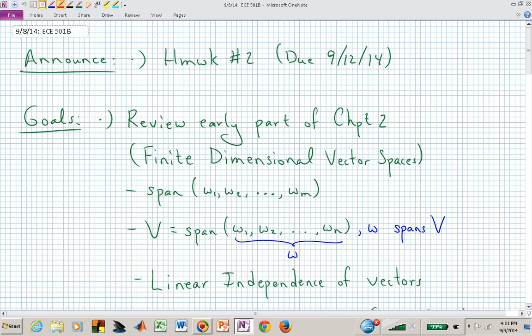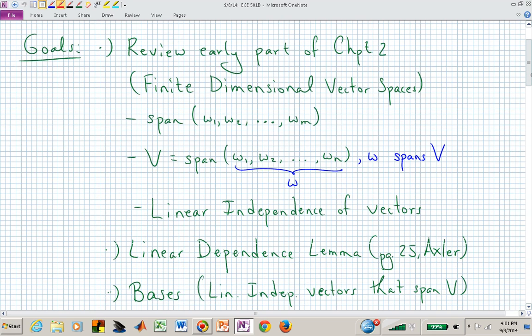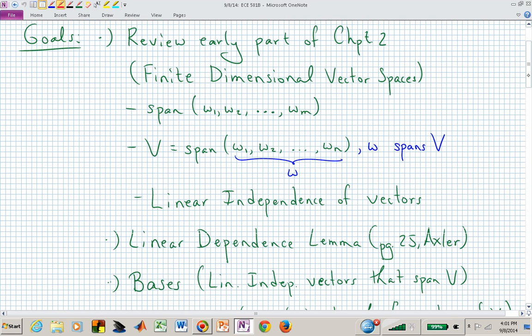Today what I want to do is continue moving through Chapter 2 material, and we will quickly review the early part of Chapter 2 that we've effectively already covered, which is dealing with finite dimensional vector spaces. We've talked about span, what that means for vectors to span some part of a vector space.